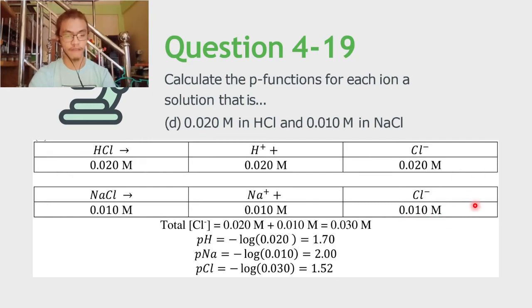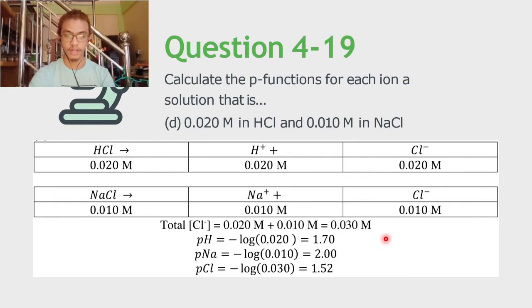Since both of them have chloride ions, we need to get the sum of their concentrations. So we have 0.020 molar of chlorides in the first plus 0.10 molar in the sodium chloride to have 0.030 molar of total chloride concentration.